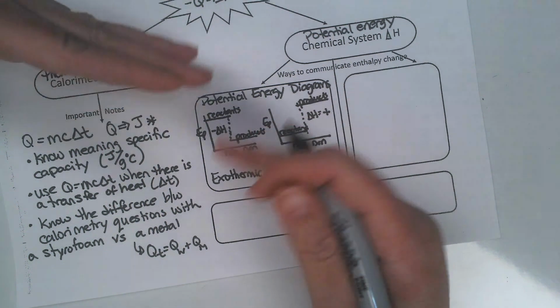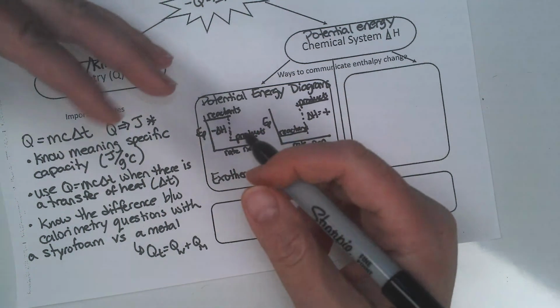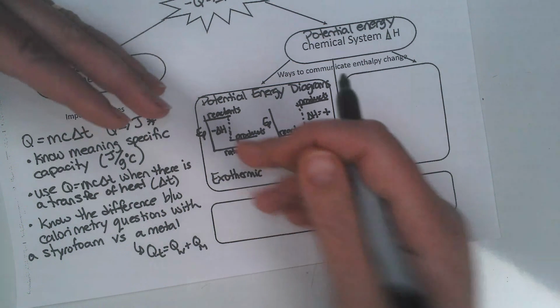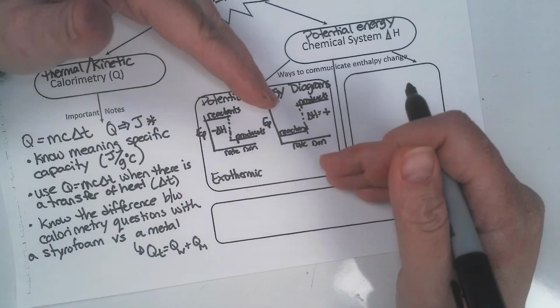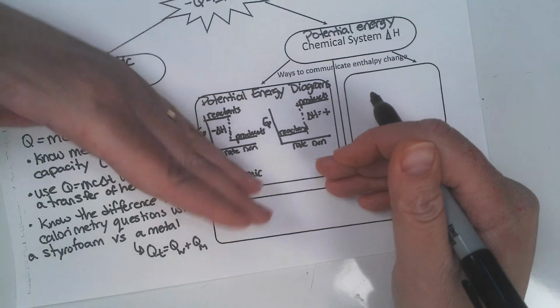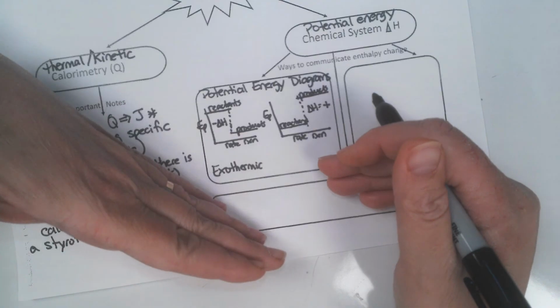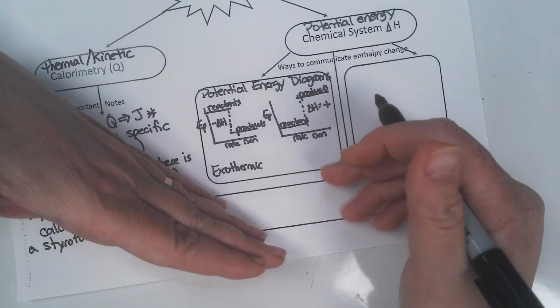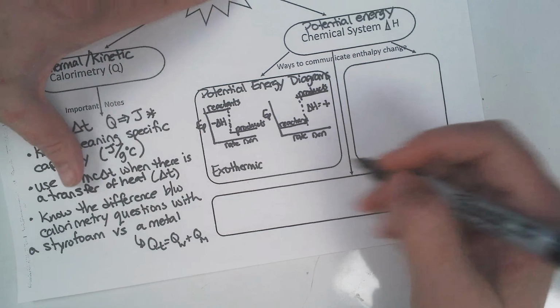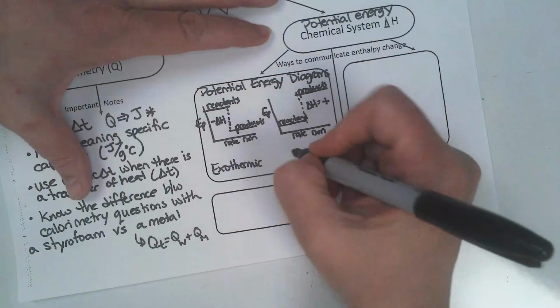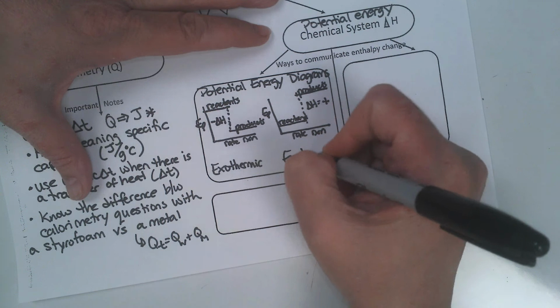The high potential energy, these bonds are ready to be formed, whereas in here, where the reactants are very low in potential energy, they're quite happy being that way. They don't want to change. They don't want to break their bonds. And this is endothermic.